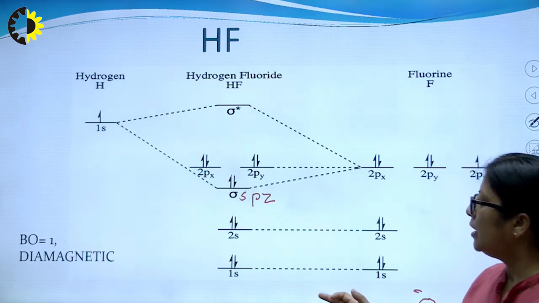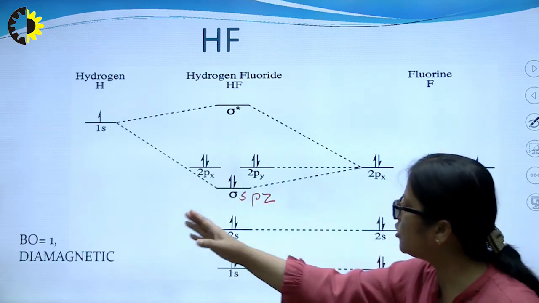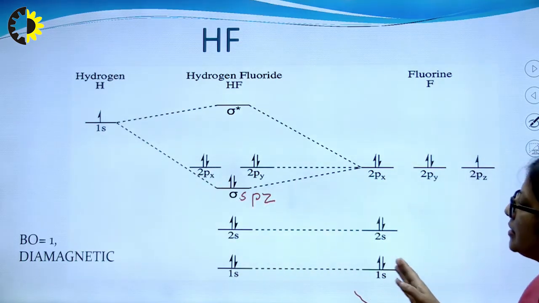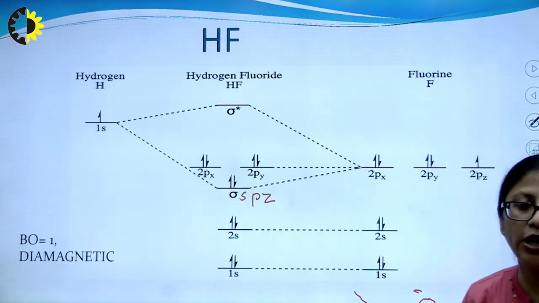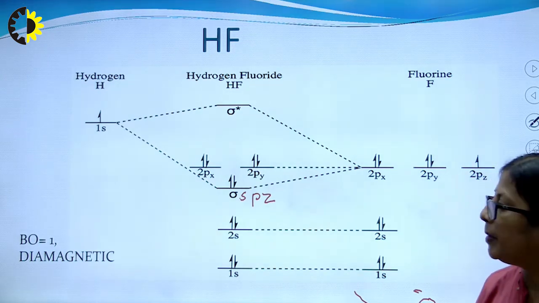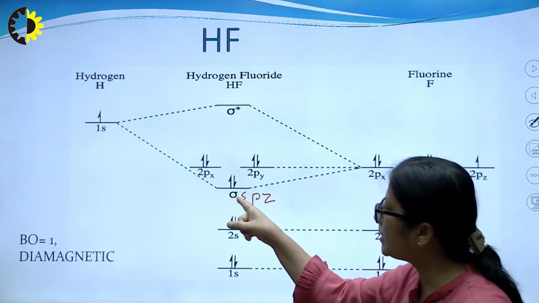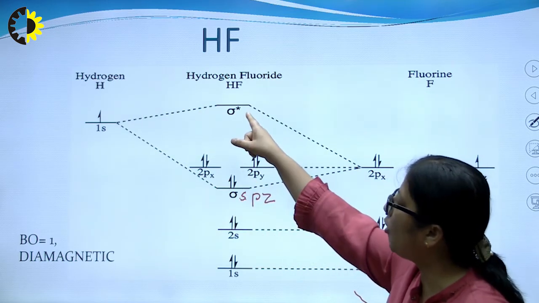So, these are the hydrogen atomic orbitals and fluorine atomic orbitals, and these are the molecular orbitals of the HF molecule. And the bond order comes out to be 1 because the sigma orbital, sigma spz, contains 2 electrons and the anti-bonding orbital is empty.